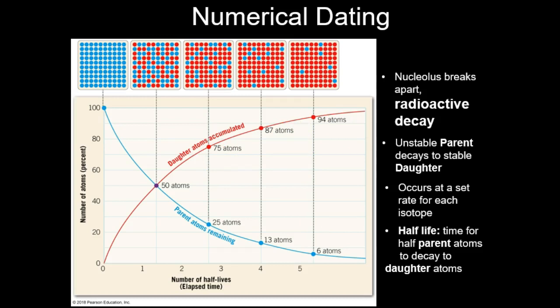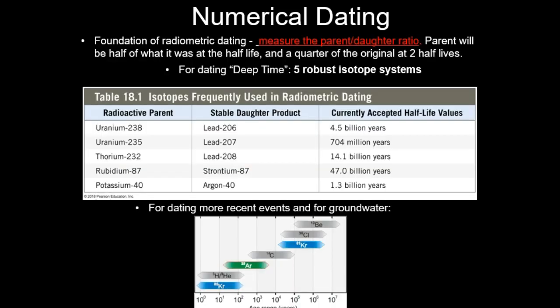Every half-life, you get increasing amounts of daughter isotopes, and then you have the decreasing amount of the parent material within the sample. So, for example, if in a potassium feldspar sample that we had, we find that there are 5 atoms of potassium-40 and 15 atoms of argon-40, then we know that the potassium-40 has gone through 2 different half-lives.